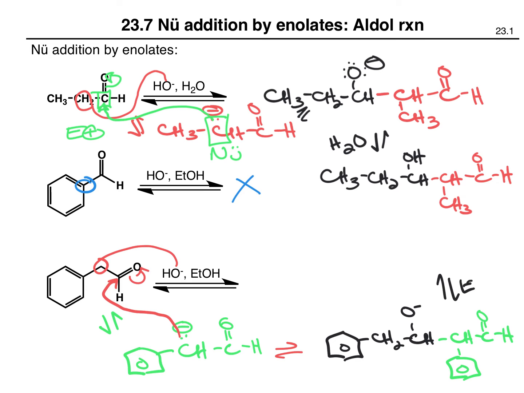Let's see, our solvent this time is ethanol. So the O- can grab off a proton from ethanol, and we will end up with this product.